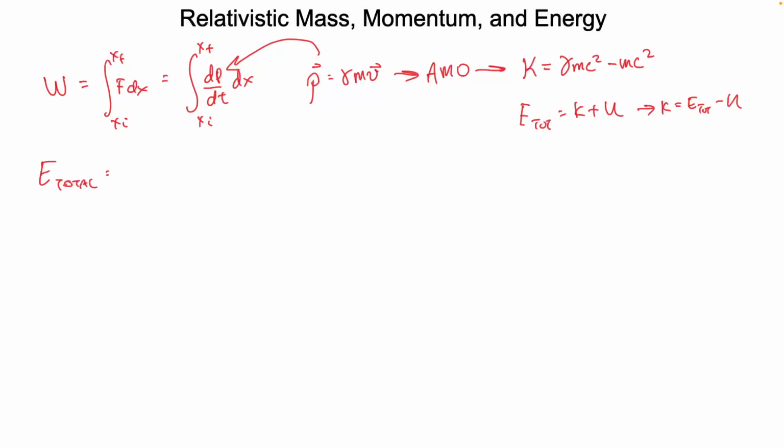Can I factor a gamma squared out of this? What's gamma squared? It's 1 over the square root, but the square root goes away, doesn't it? And what do I have? 1 minus v squared over c squared?